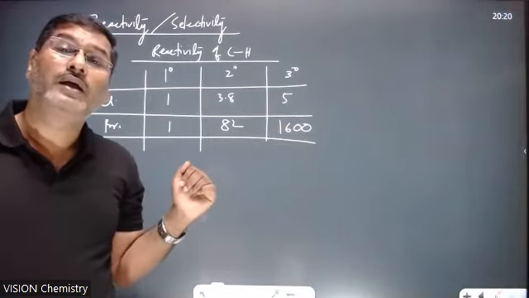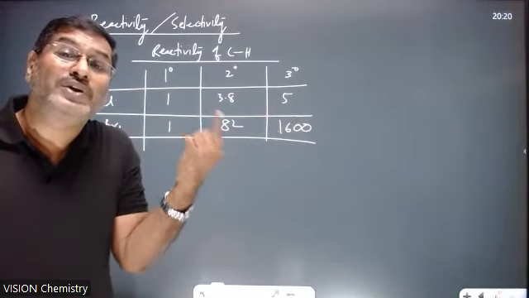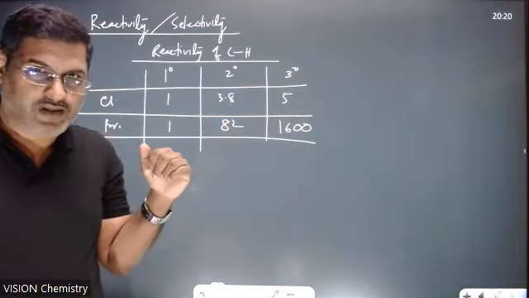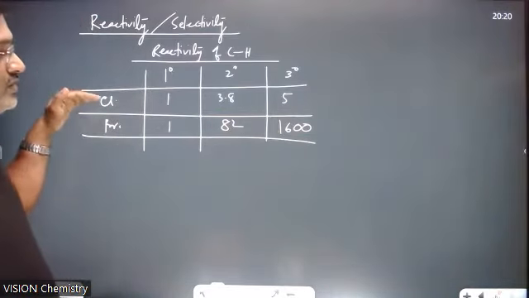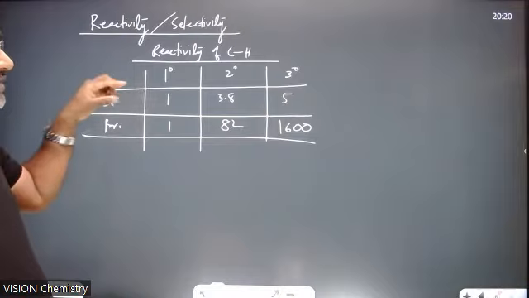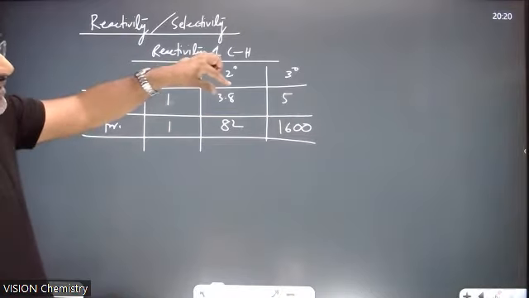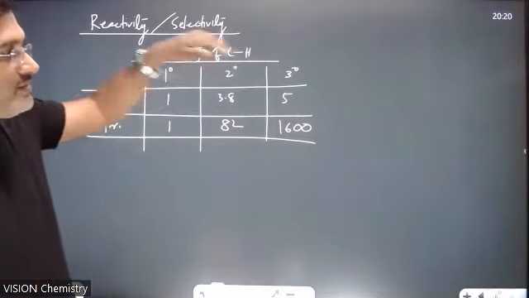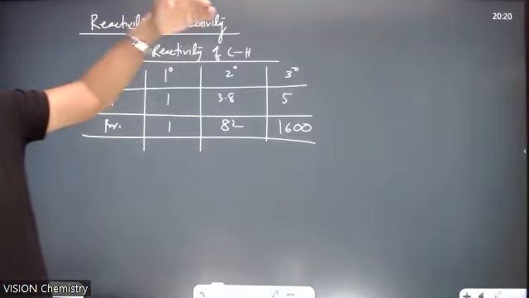Why? It shows selectivity. As the chlorine is more reactive, that's why this selectivity difference is less between primary, secondary, and tertiary.